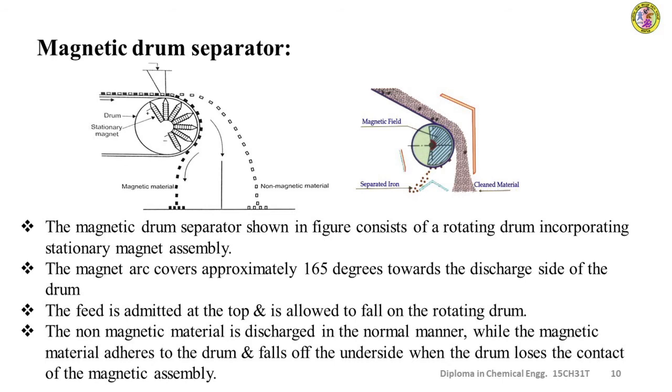So this kind of operation is shown in the diagram, where you can separate out the materials by the use of a magnetic field. Another figure is shown here, of how the iron particles are separated from the non-iron particles using a magnetic arc.